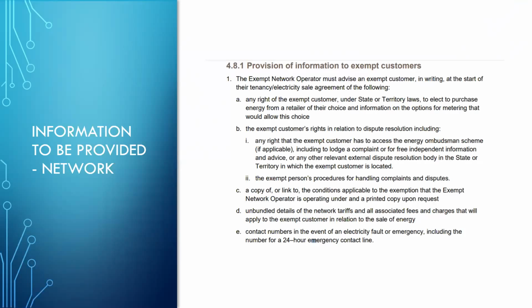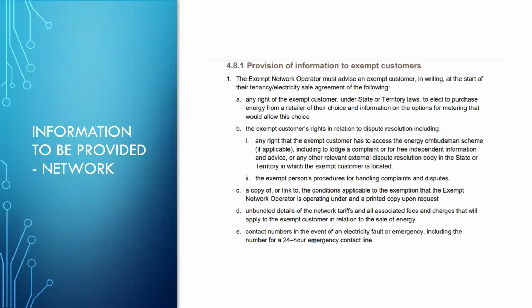We often get the question about the emergency contact number. So the question is usually, well, should that be Ausgrid or the LNSP, or should that be the exempt operator? Our opinion is that you probably need to list both, but you definitely need to list your own 24-hour emergency contact number.